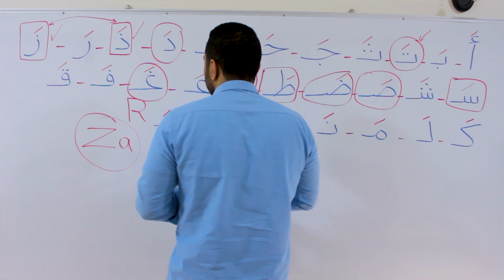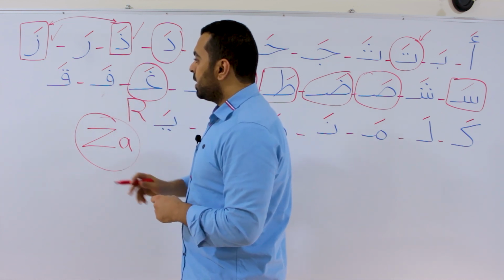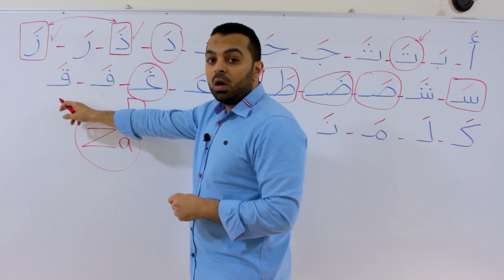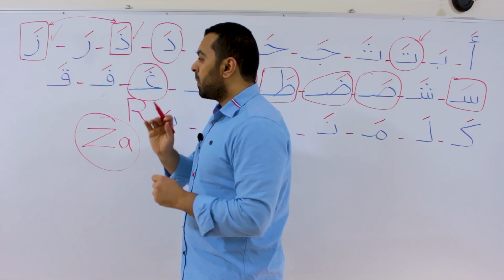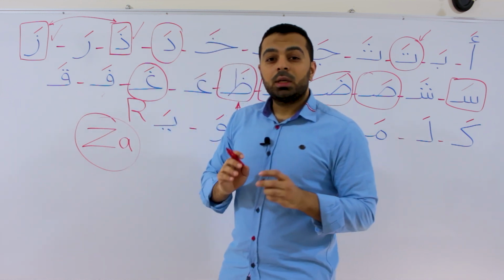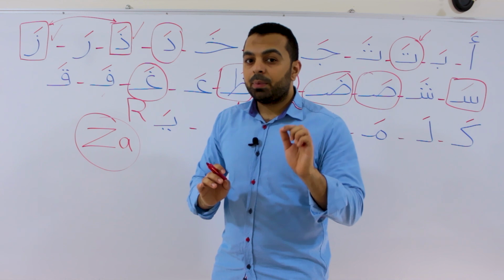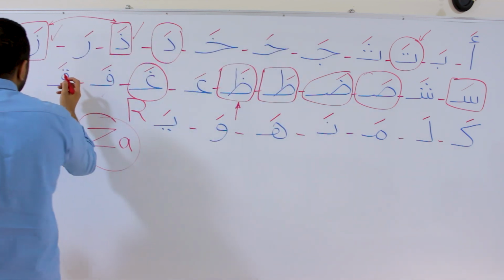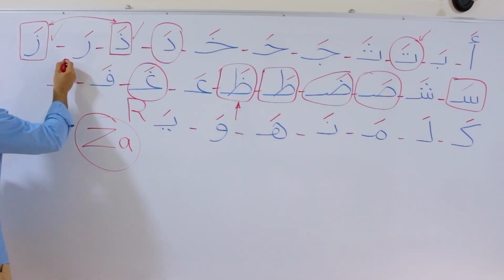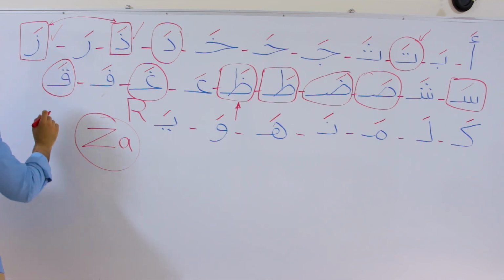After that comes fa, and then qa, and this sound I need to make a tip on it. Listen. In Egypt, we have two sounds of it.